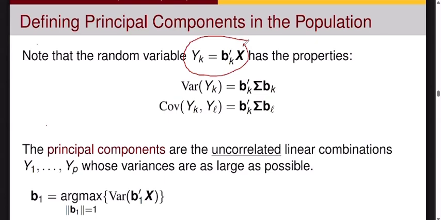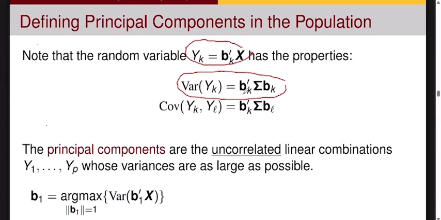Now, the variance of a particular principal component is this. What do you think we're benefiting from? You remember we're benefiting from linear combination. We did a linear combination the other time. This is the variance of the linear combination, which is the variance of a particular principal component.